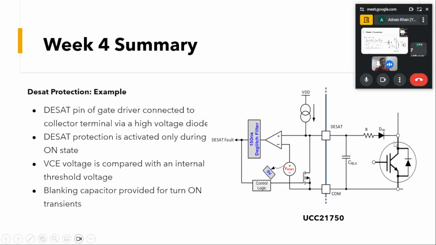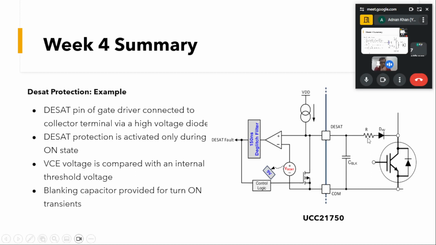Only then is this false triggering of the DSAT protection taken care of. For that purpose, this blanking capacitor is used to limit the false DSAT protection in case of a turn on of the device.